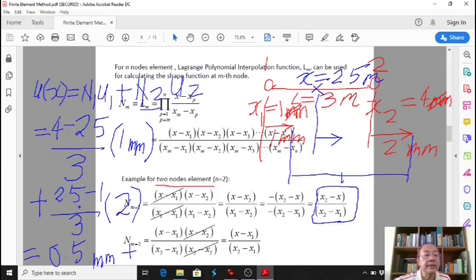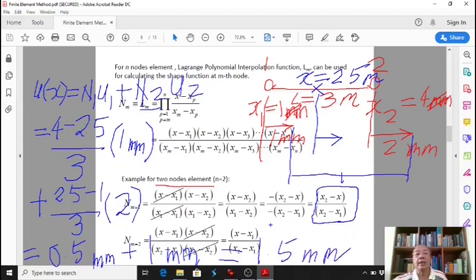And the second term now, 2.5 minus 1, this is 1.5. 1.5 per 3 is 0.5. So 0.5 times 2 is 1. Okay, so 1 mm. So finally we get 1.5 mm.